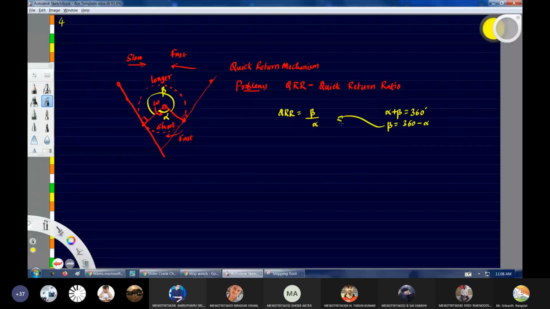And if I substitute this here, what do we get? I get quick return ratio equals 360 degrees minus alpha divided by alpha. Is this correct? Yes, sir. So this is the formula for quick return ratio.